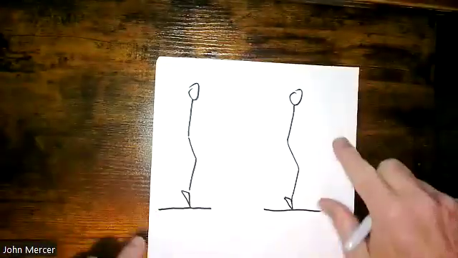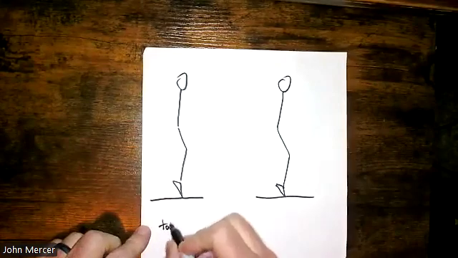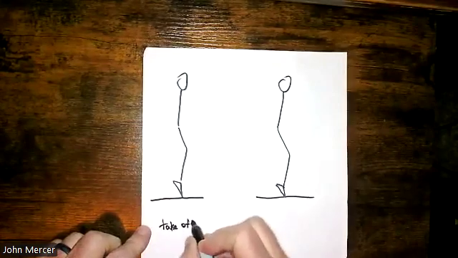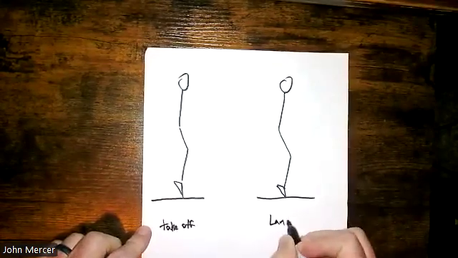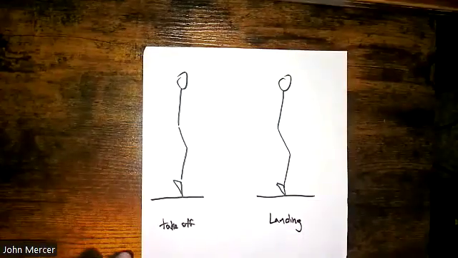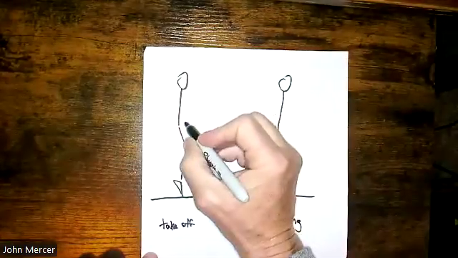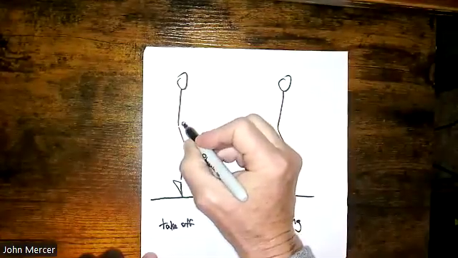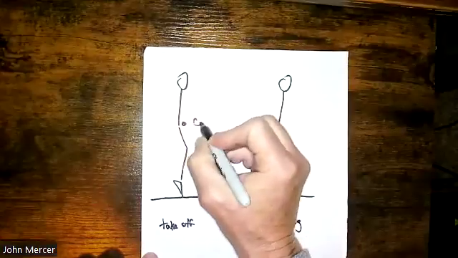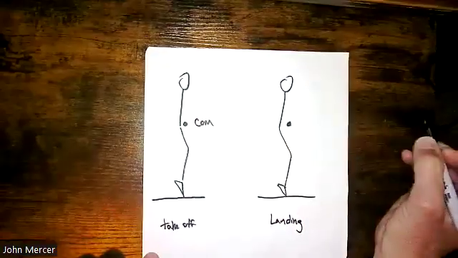All right, I pre-drew a couple of stick figures, and this would be takeoff, and this would be landing. Now, if we just go ahead and identify the center of mass, and I haven't drawn the arms here on purpose, I'm going to say it's about there, COM, and it's about here at landing.